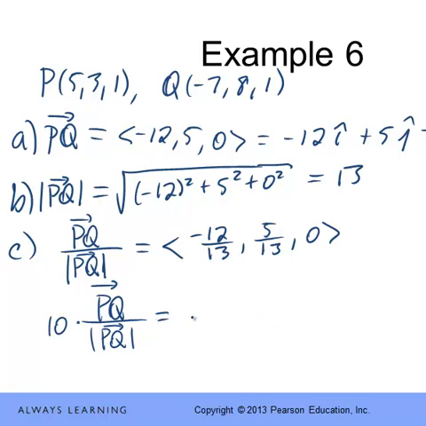So we have the scalar 10 times the components of our unit vector here. So we'll have -120 over 13, comma, 50 over 13, comma, 0. This vector right here has a magnitude of 10 and points in the direction of PQ.